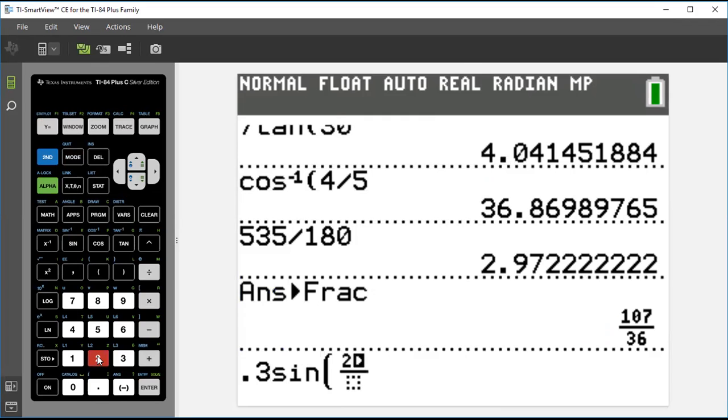And I'm going to go 2 pi divided by 11.6. And then I am going to multiply that by 6.2. And I'm going to add my midline, which was 3.6.